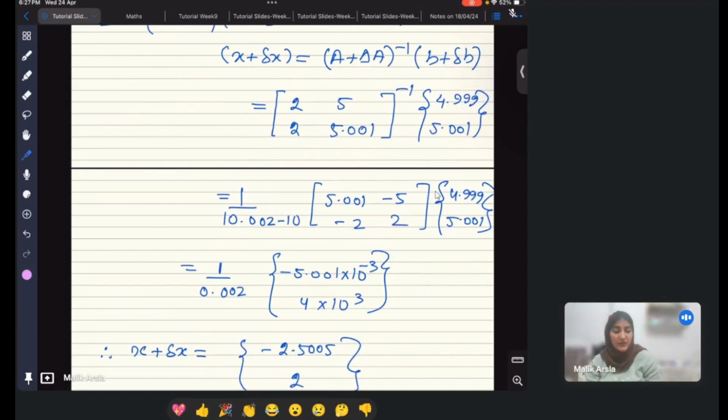You can simply check it, you just need to know how to multiply a matrix with a vector. And this is basically our solution. So x plus delta x is equal to 2.5005 and 2.